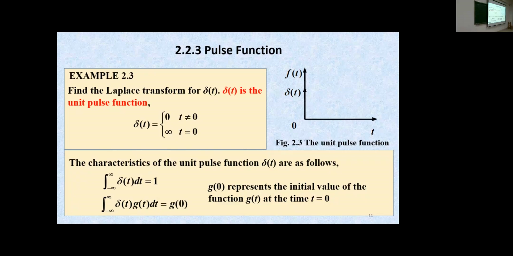Here's the table, the Laplace transform table. This one we don't have to do by ourselves. Someone uploaded the scan version of the book to the group.